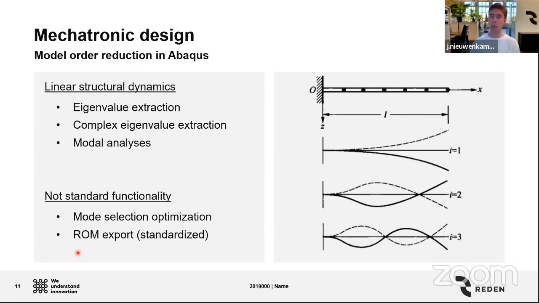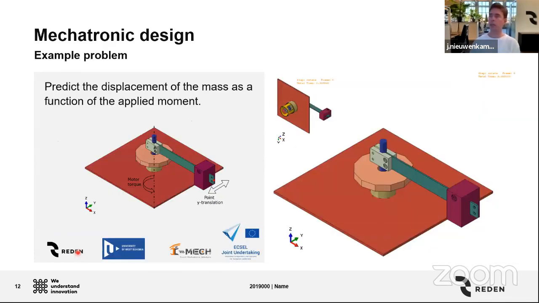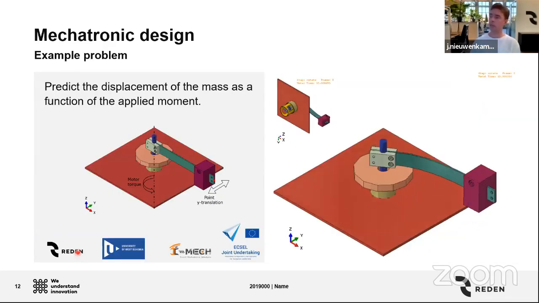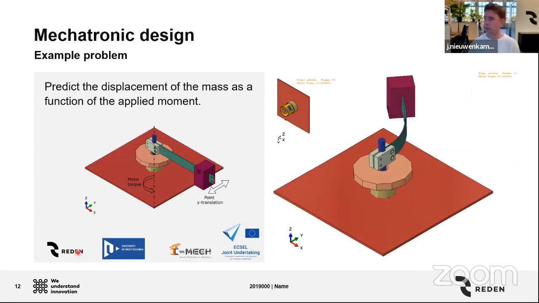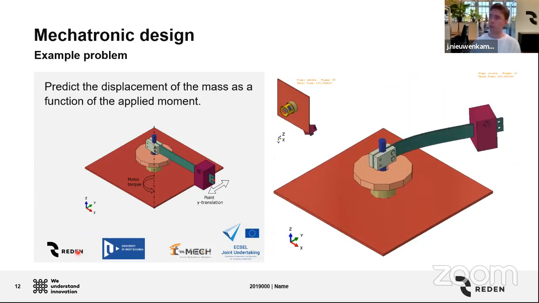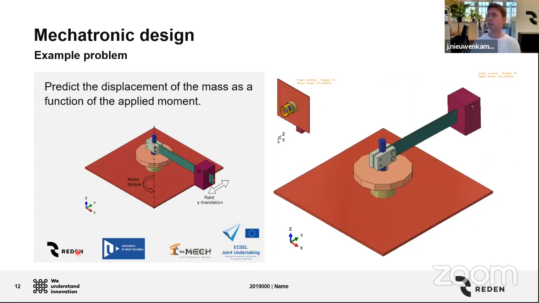That's what we really would like, and therefore we started a project. It's an Excel undertaking. The project is called IMEC. It has finished last year, and together with the University of Bohemia, we made this example problem.